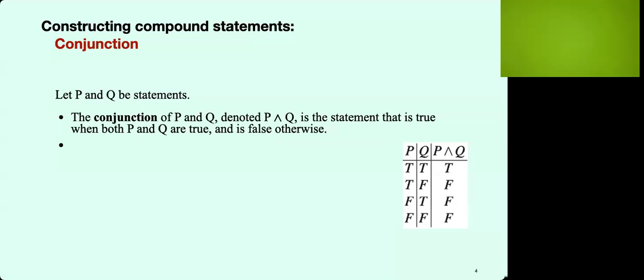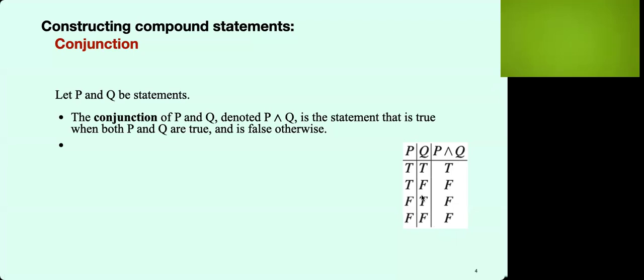Over on the right-hand side of the screen, you'll see what's called a truth table, and it tells you about the truth or falsity in that third column of the compound conjunction statement, depending upon the truth and falsity of the statements P and Q. In that first row of the truth table, the T underneath the P and the T underneath the Q are indicating that P and Q are true, which leads to the conclusion that P and Q is also true, because the true here for the conjunction is indicating that this compound statement, this conjunction, is true when both of the component statements P and Q are true, and then it's false otherwise in the three remaining rows of the truth table.